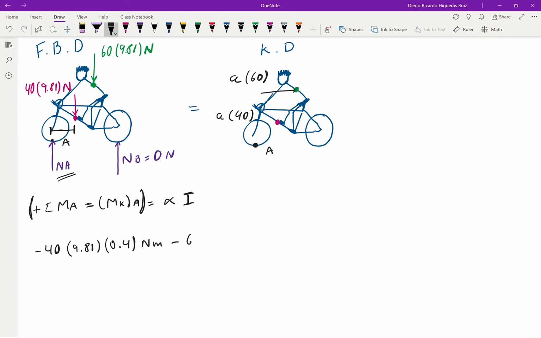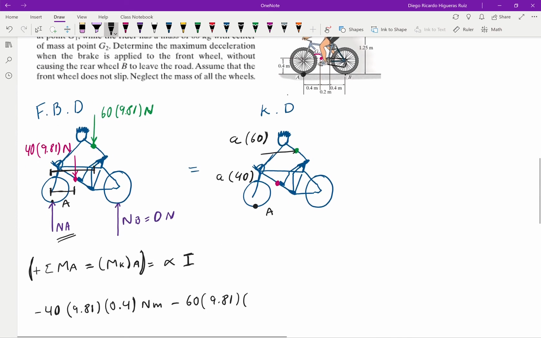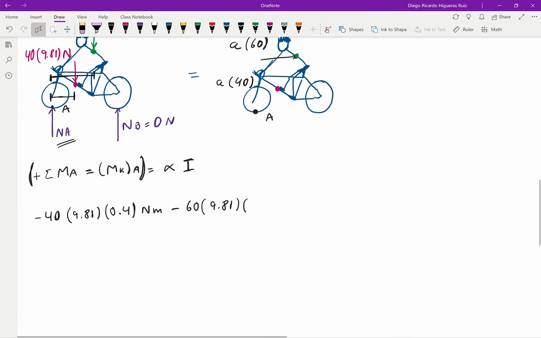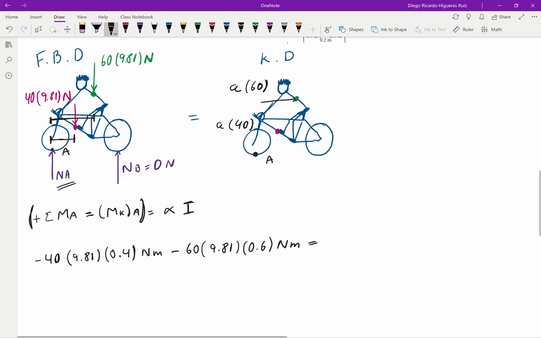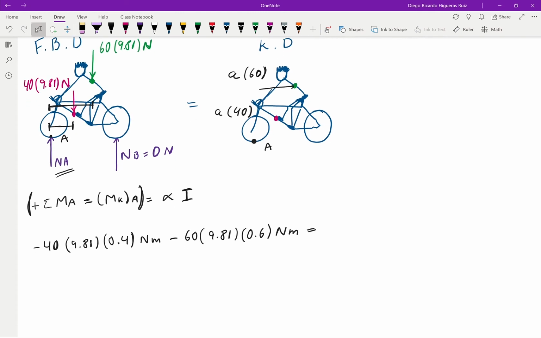It's 60 times 9.81 times all of this distance right there, and that's 0.6 if I'm correct, in newton meters. Those are the only forces that are producing moment in the problem, and that's going to be equal to the kinetic moments that this magnitude and this magnitude are producing at point A.